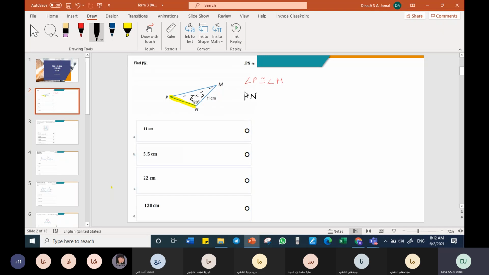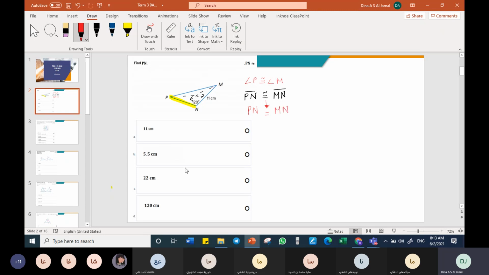So side PN is congruent to side MN. Whenever I say congruent, what do I mean? Equal to each other. Excellent. That means our PN, which I would like to find, has the same measurement as MN.